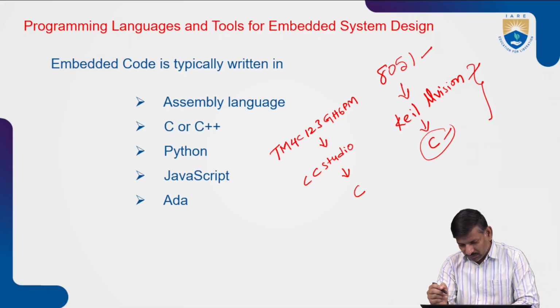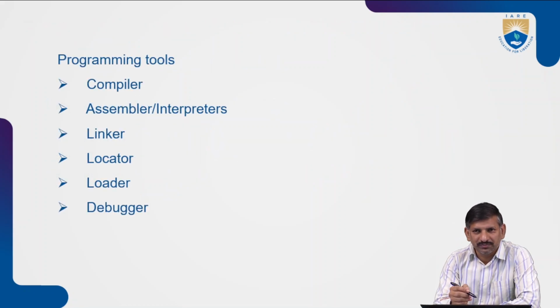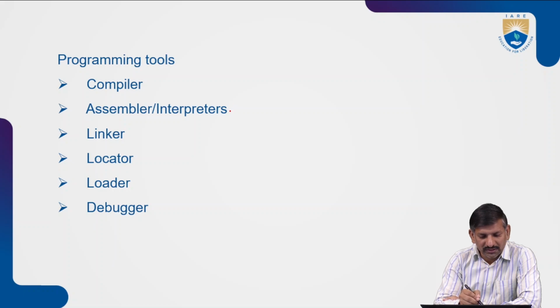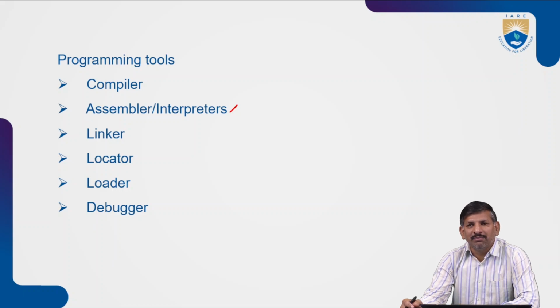First, we need to learn about programming tools. The first one is the assembler. In the beginning days, for designing embedded system applications, based on the processing element, we first learned the corresponding assembly language, like mnemonics.